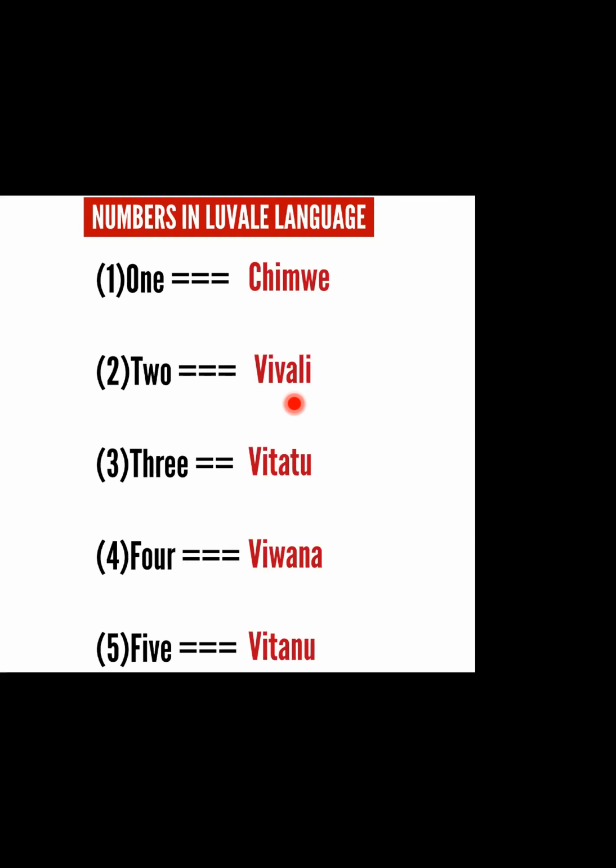Makulukaji abali is 200. And the 1,000 is likombakaji.